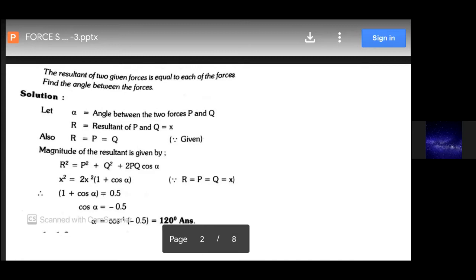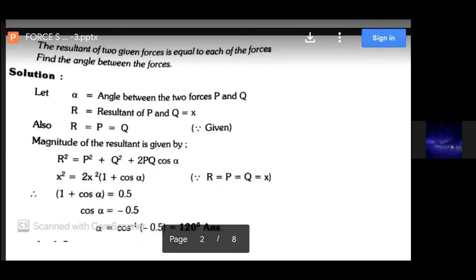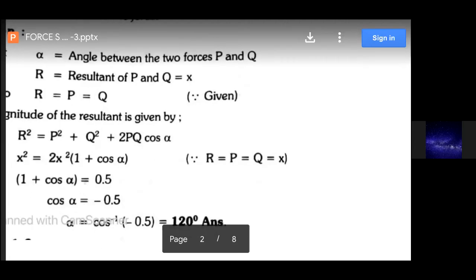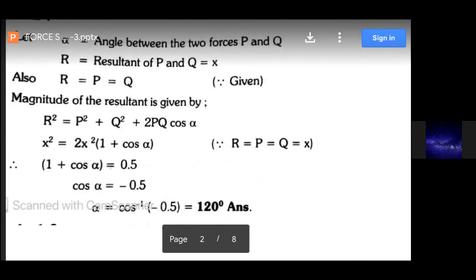Let alpha be the angle between the two forces, let P and Q be the two forces, and R the resultant of P and Q. Assume a constant X, so R equals P equals Q equals X.